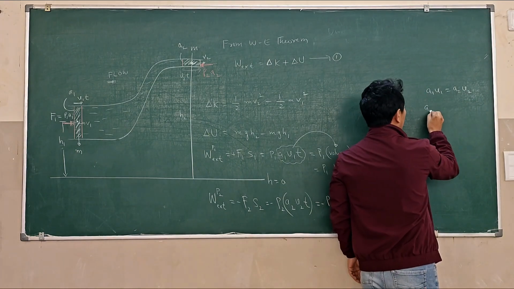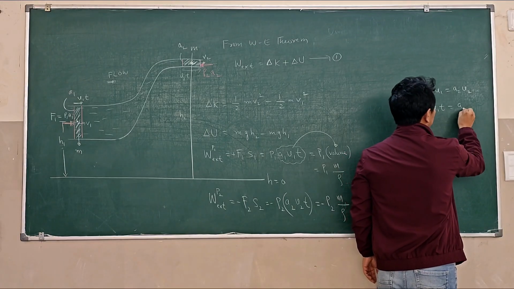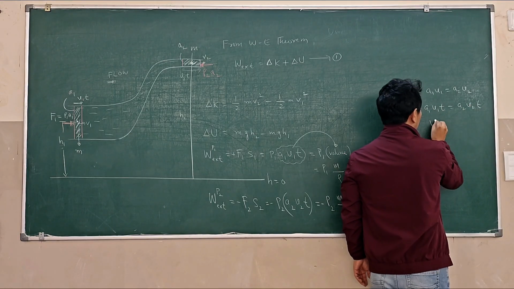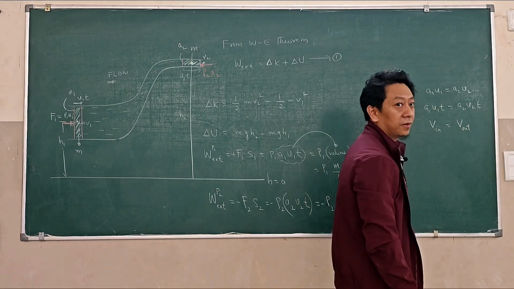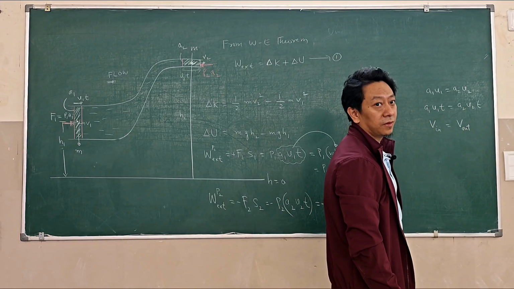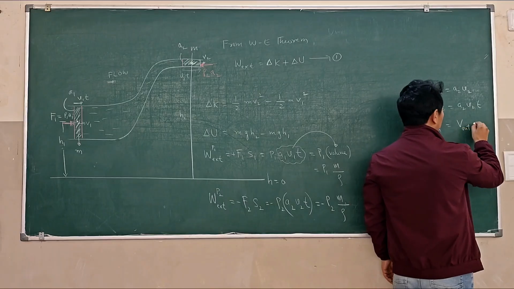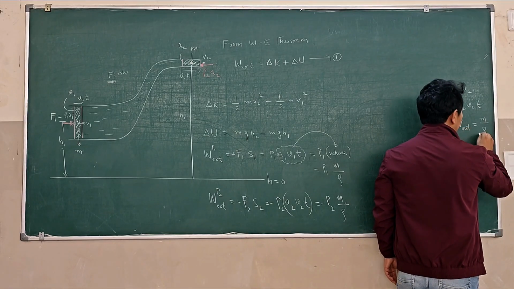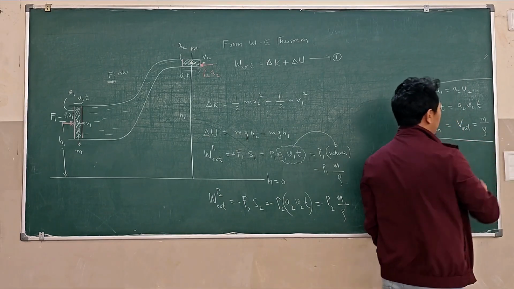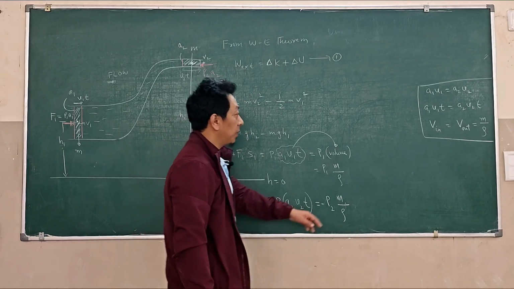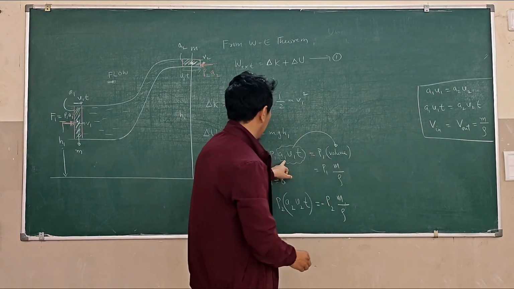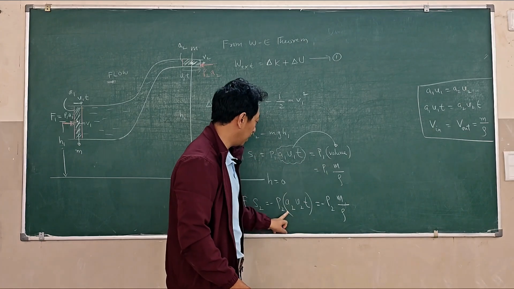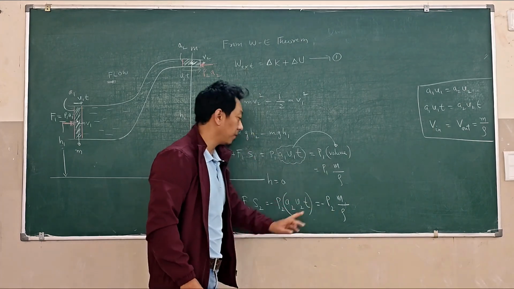If I multiply with time, this becomes the volume that came in, this becomes the volume that went out. And the volume that came in or went out can be written as mass by density, the mass that came in or out. So in place of A1 V1 t, I can write m by rho. That is what I did here. A1 V1 t is m by rho, A2 V2 t is m by rho.